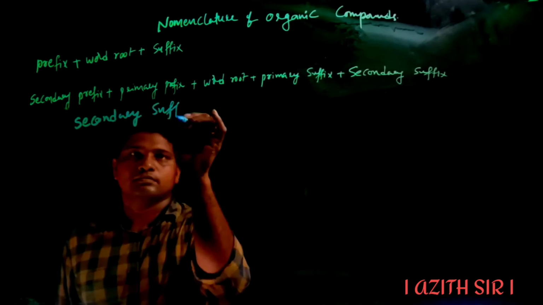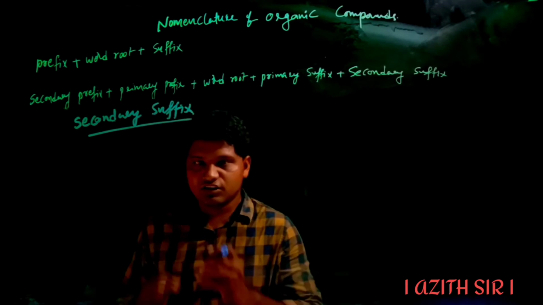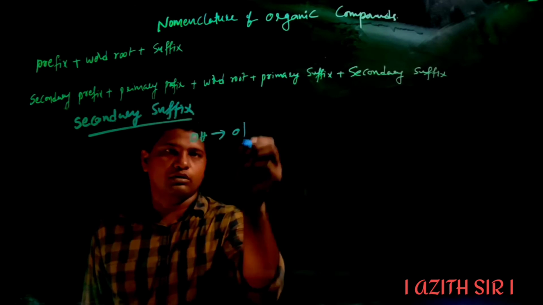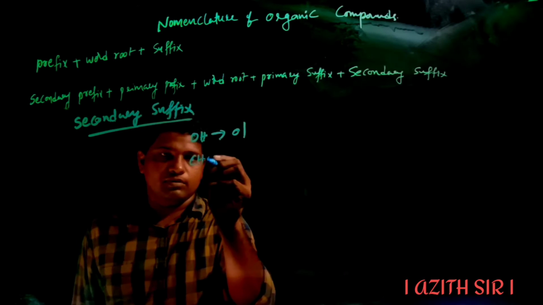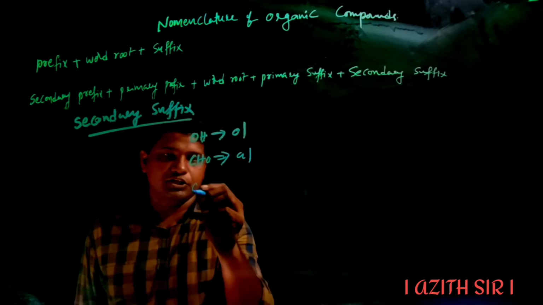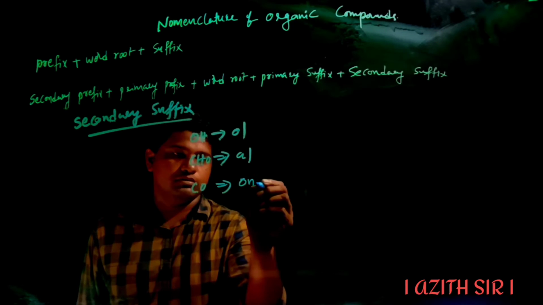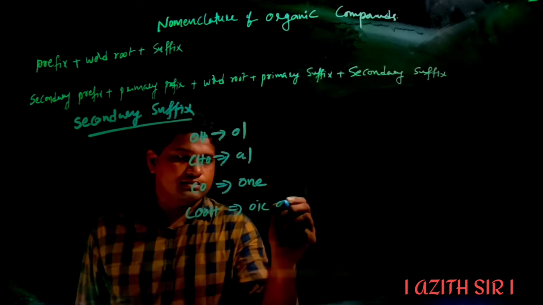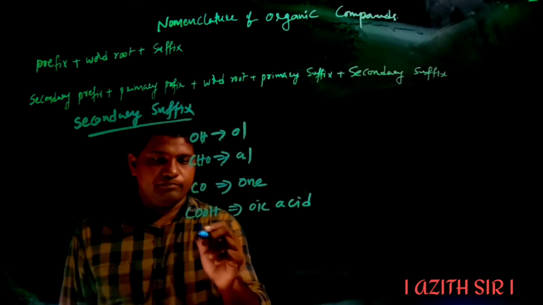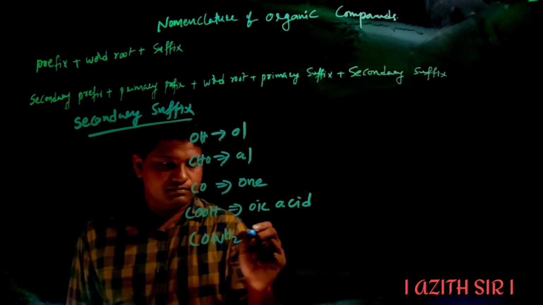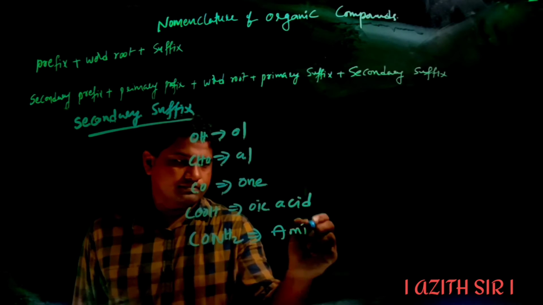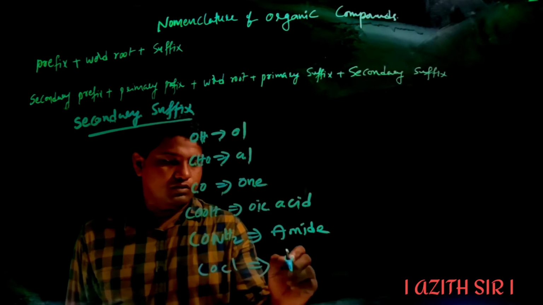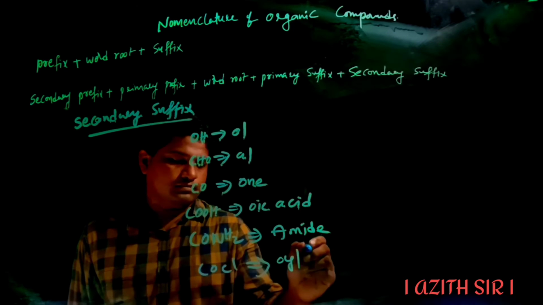Secondary suffix, it indicates functional groups such as alcohol, then it is ol, aldehyde, al, keto group, then we can write one, acetic acid, oic acid, amide, COCl, we can write oyl chloride.